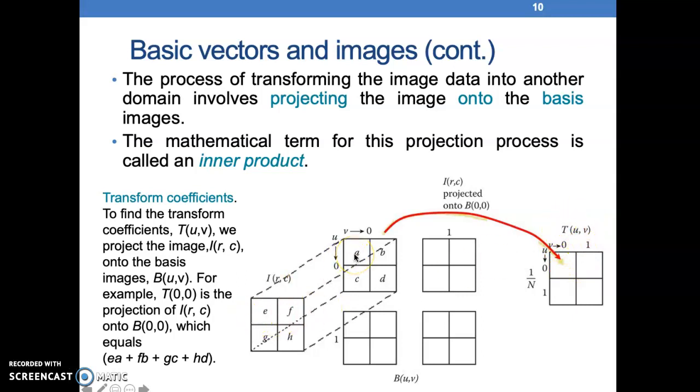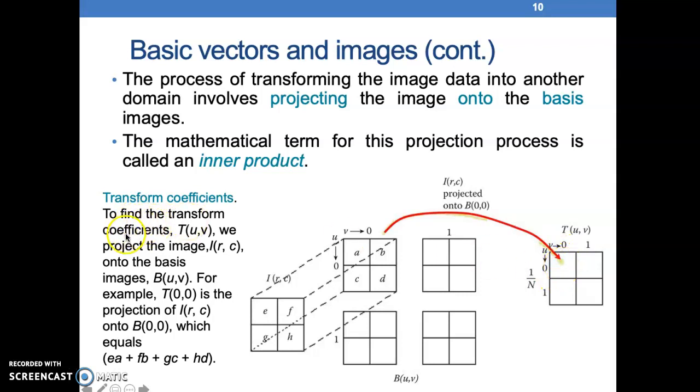An inner product means you multiply the coefficients: A multiplied by E, plus B multiplied by F, plus C multiplied by G, plus D multiplied by H, and then you get this coefficient.